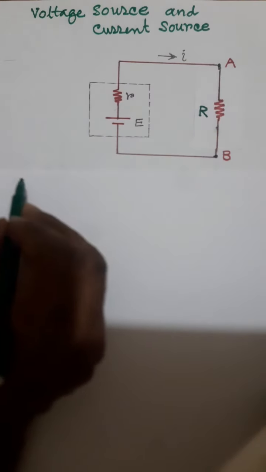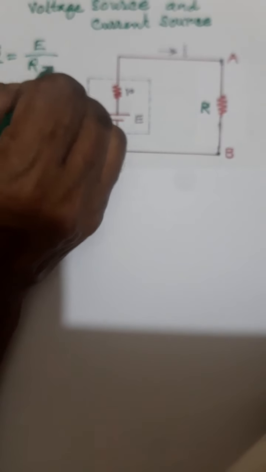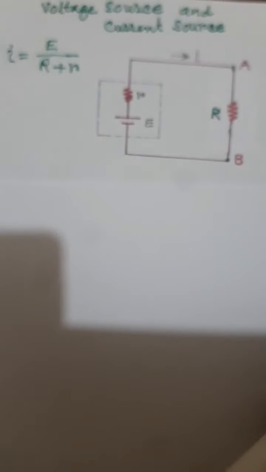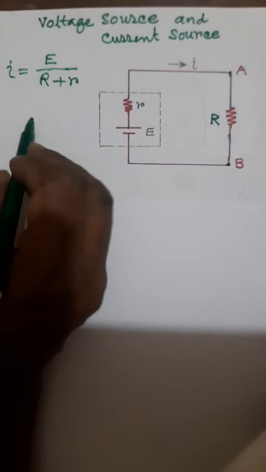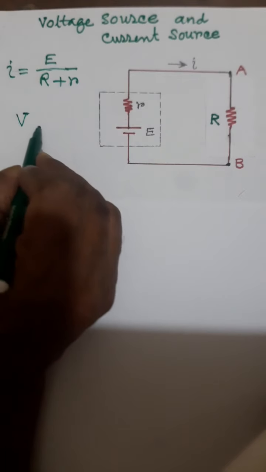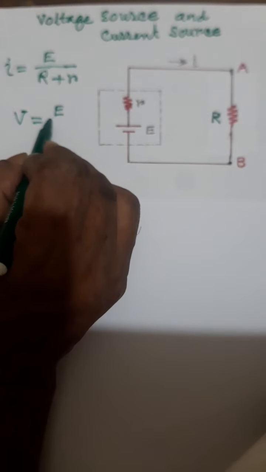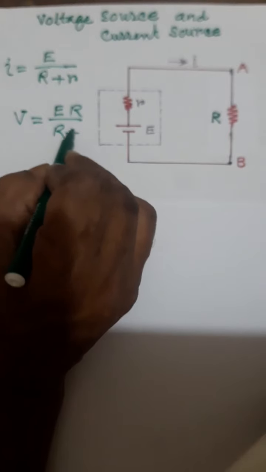The current through the load is I equal to E divided by capital R plus small r. The voltage across the load, V, equals current times the resistance of the load R, that is ER divided by R plus r.